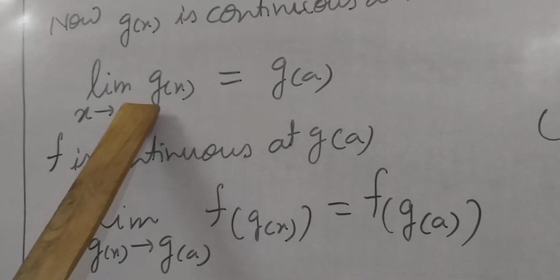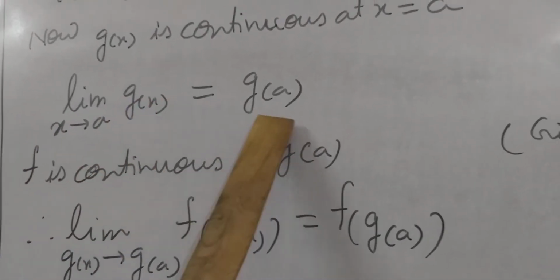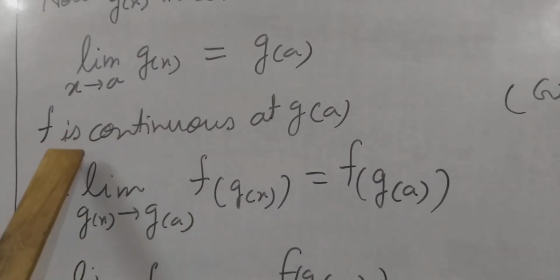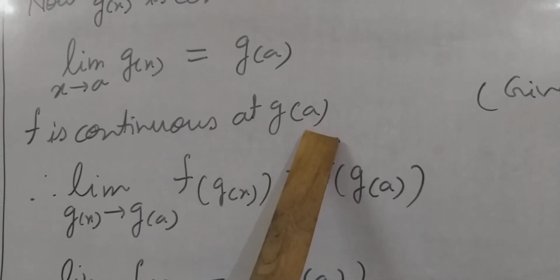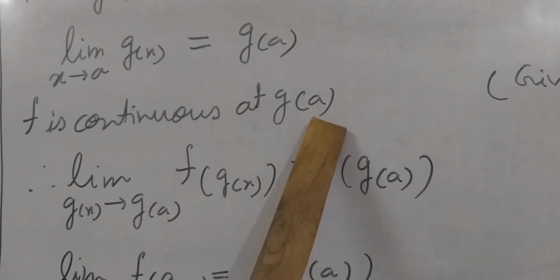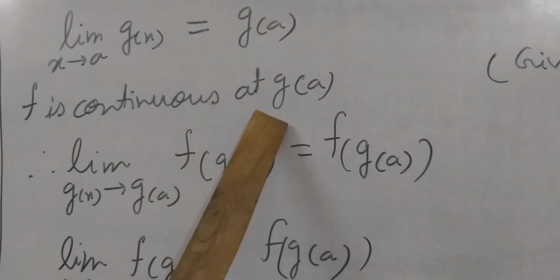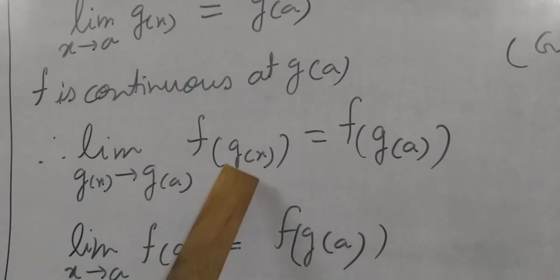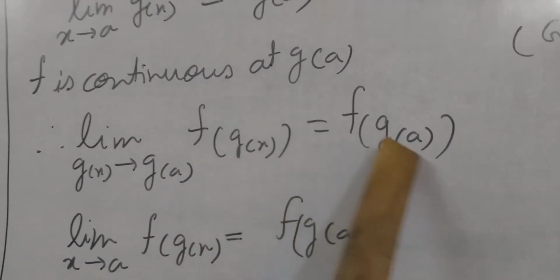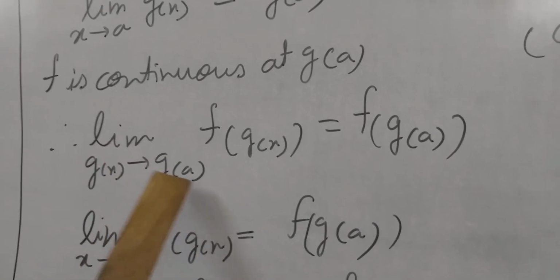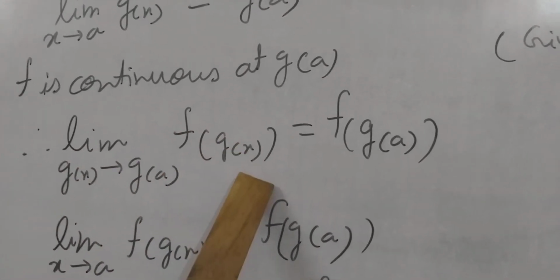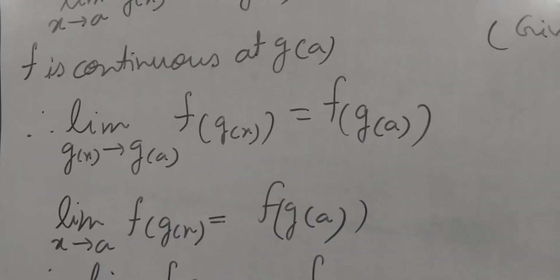As we have written, x tends to a, g(x) equals g(a), and here f is continuous at g(a). Correct, students? So g(a) will come here at the place of x. Okay, so g(x) tends to g(a), f(g(x)) equals f(g(a)).